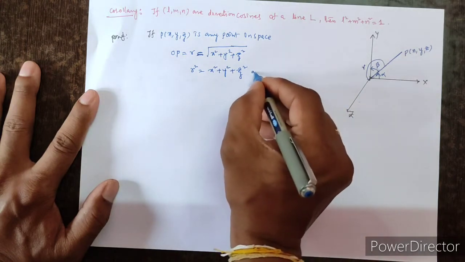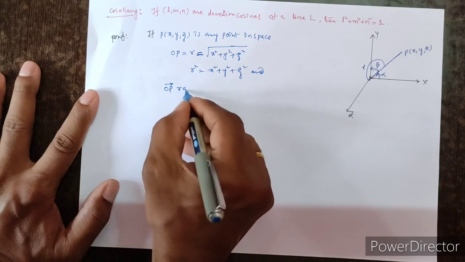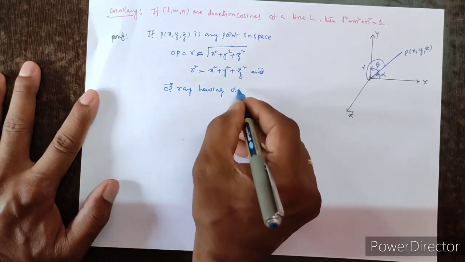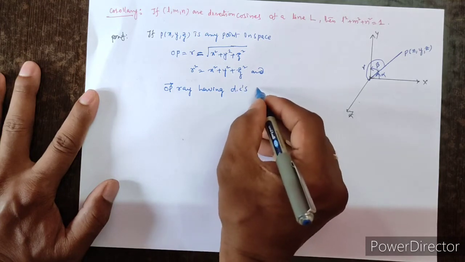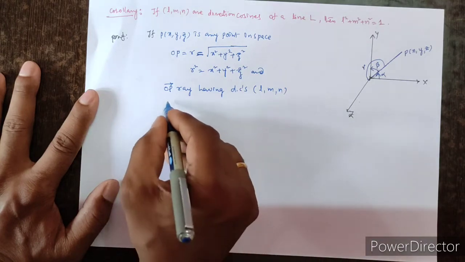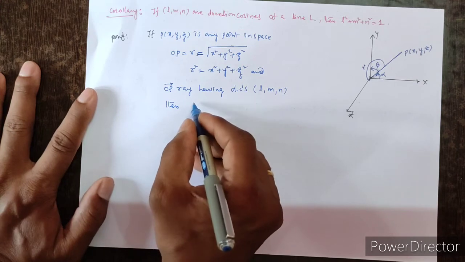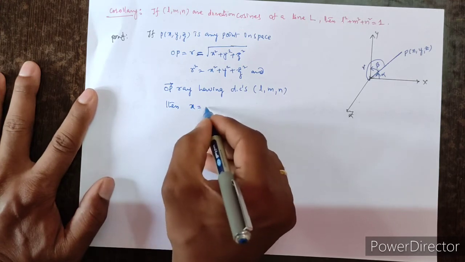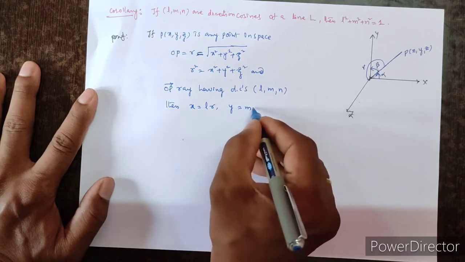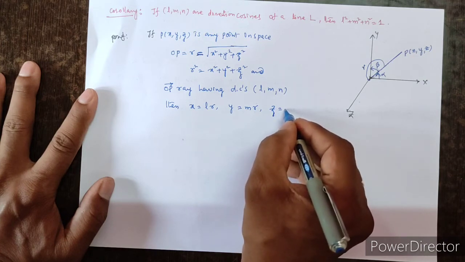And the OP ray having direction cosines L, M, N, then already we have seen the coordinates of point P: x equal to LR, y equal to MR, and z equal to NR.